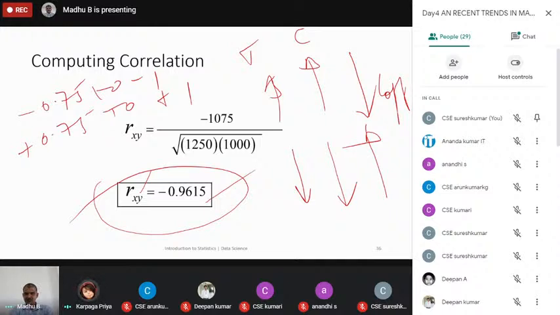Negatively correlated, sir. Why? As the temperature increases, coffee consumption decreases. Perfect. Excellent. So what about temperature and cool drink? They are positively correlated. When the temperature increases, the consumption of cold drinks increases.